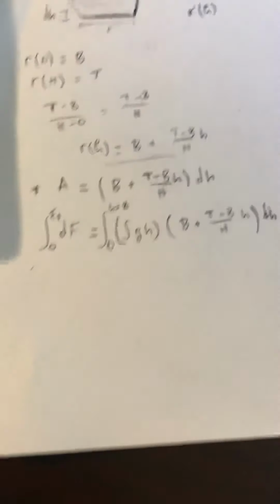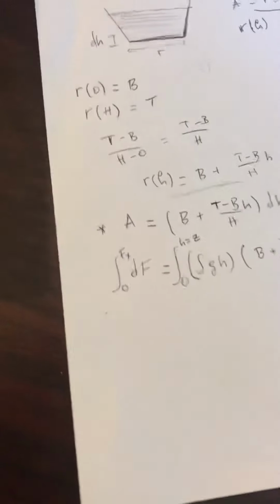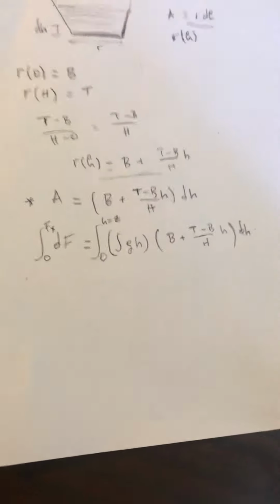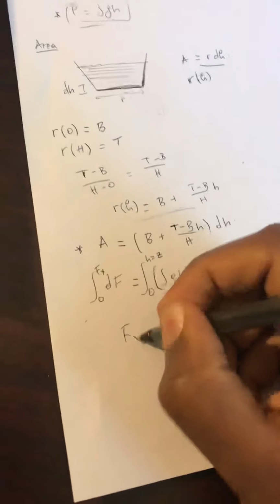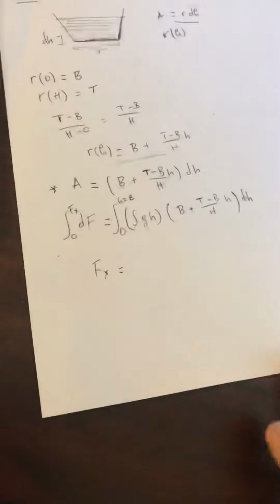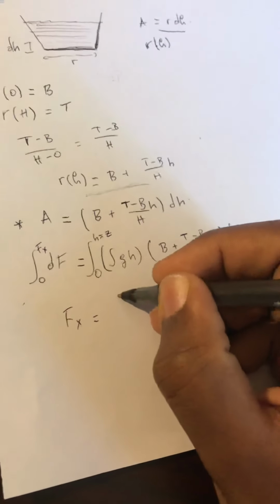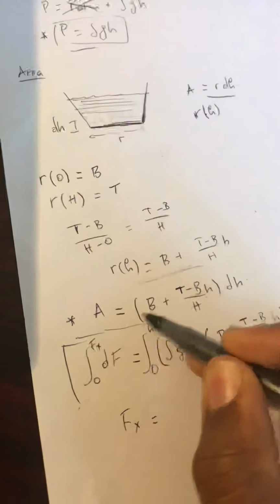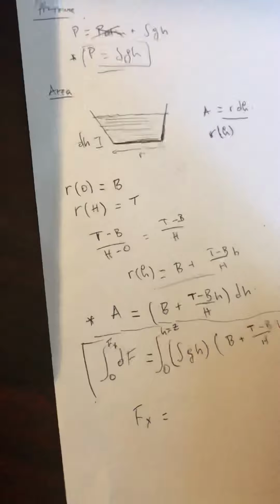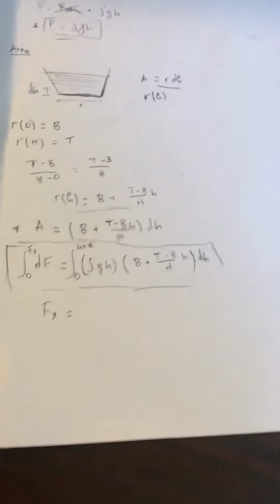Okay, and then now that we have our integral, we just solve it. And once you solve this integral, you're gonna find out that it's gonna equal to, that's the biggest question that we're looking for.